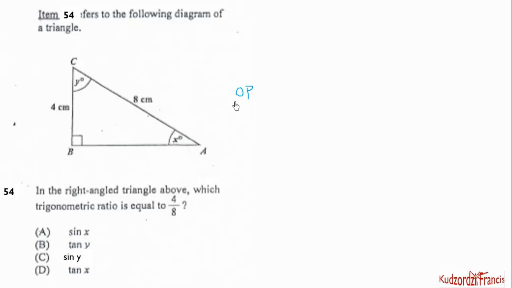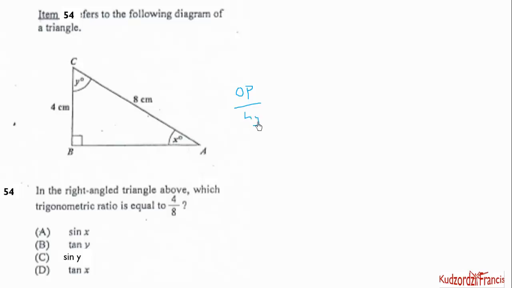and hypotenuse, and that one is either sine or cosecant. But we don't have cosecant here, we have only sine. So the sine of this angle x will be the correct answer.